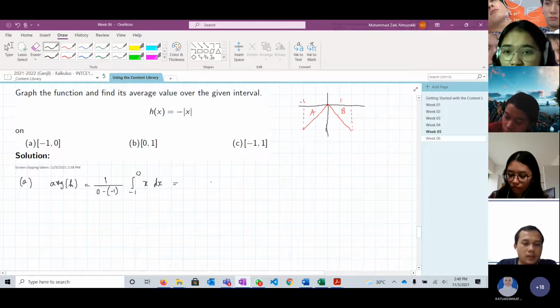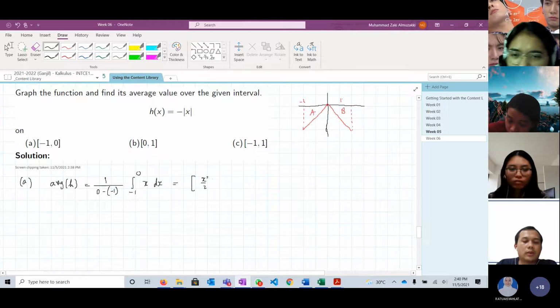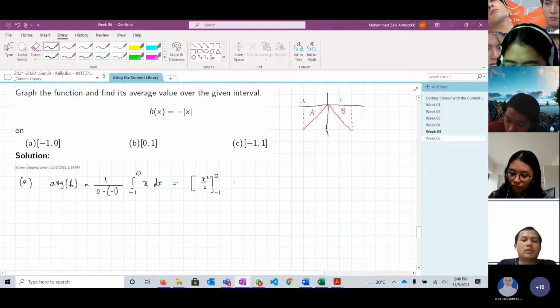So we have 1 over 1, then x squared over 2 from minus 1 to 0, so here we have minus half.